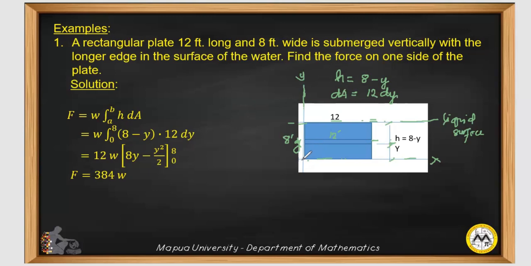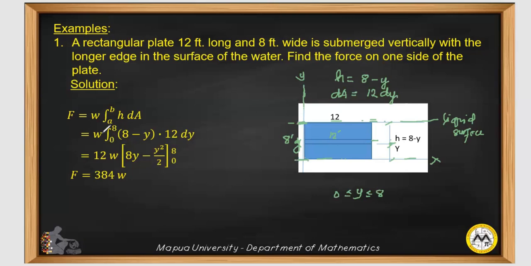And the limits of integration go from y = 0 to y = 8. So the lower limit is 0 and the upper limit is 8. Now please take note that y goes from 0 to 8.